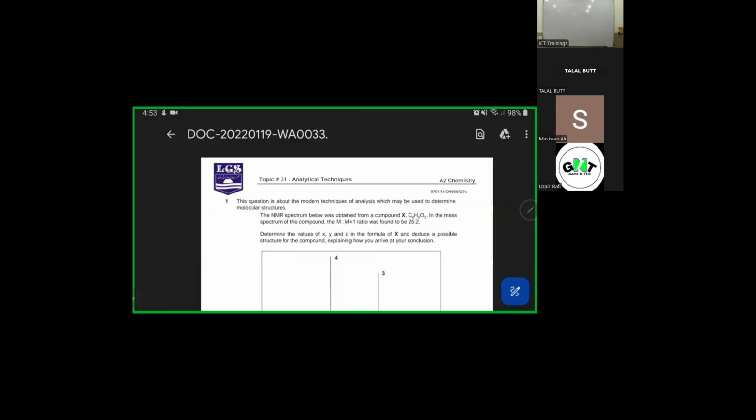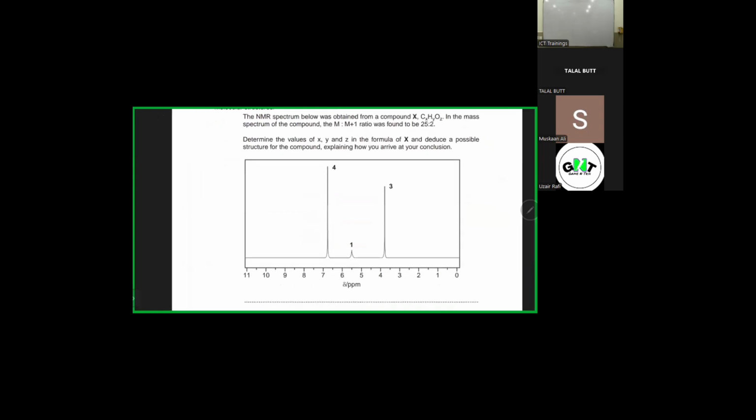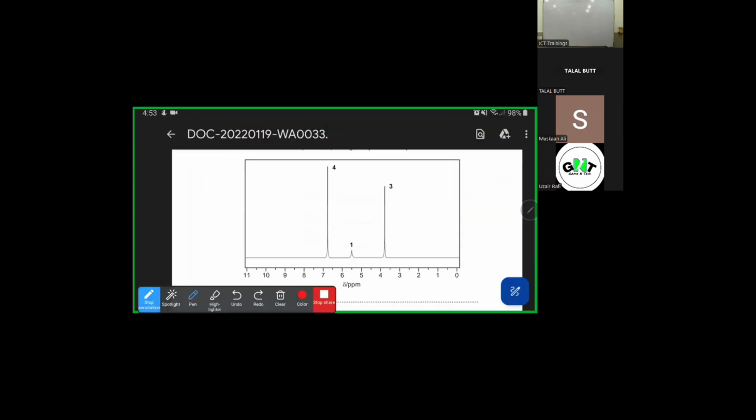In this question, the first value is present at 3.8 or 3.9, something like that. The second value is present at 5.5. And the third value is present at almost around 7 or 6.9.